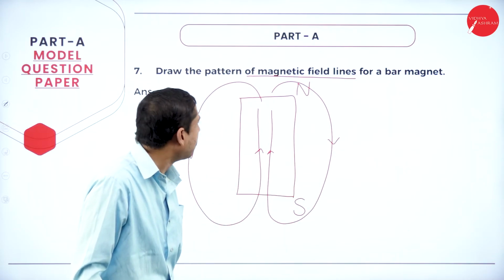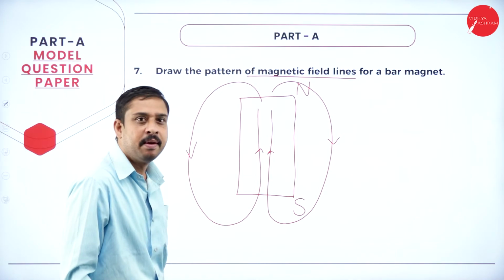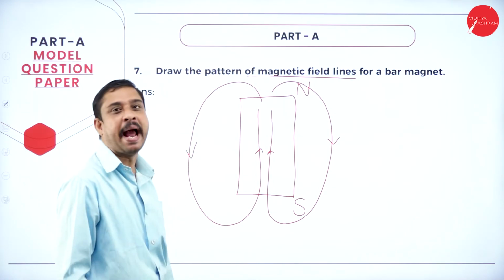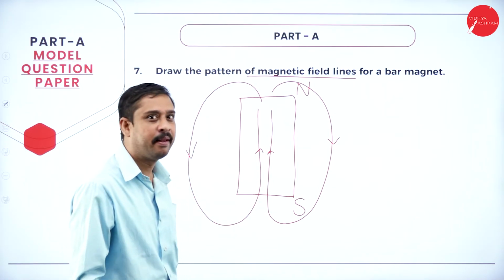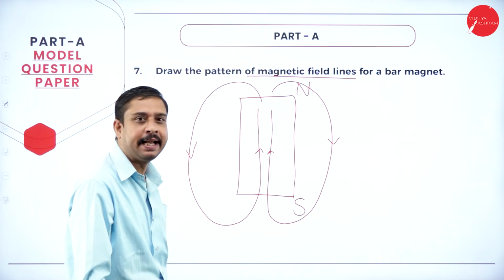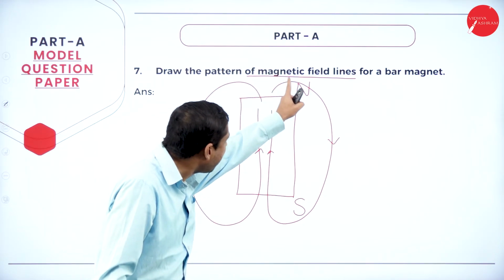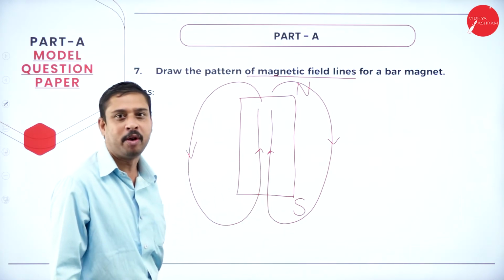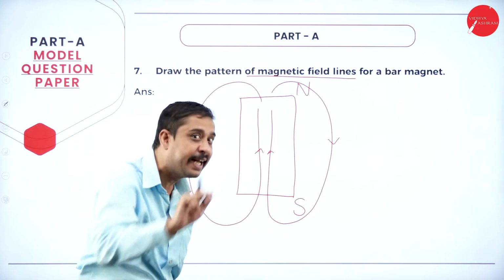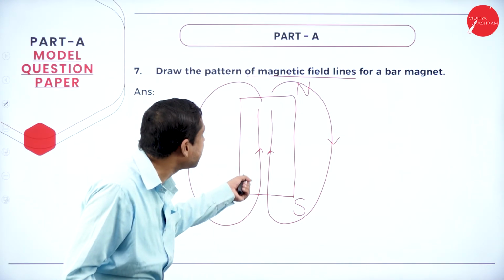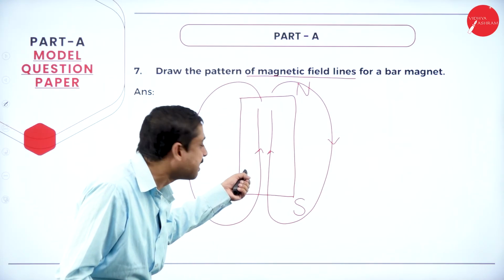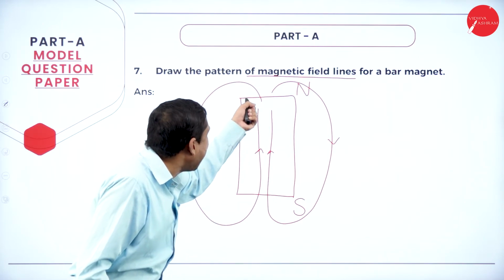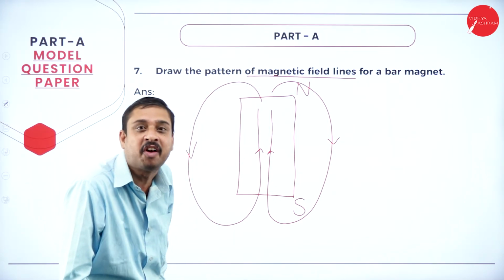What I want you all to observe is, outside the magnet, the magnetic field lines will start from the north pole and come towards the south pole. But observe inside, it starts from the south pole and moves towards the north pole.